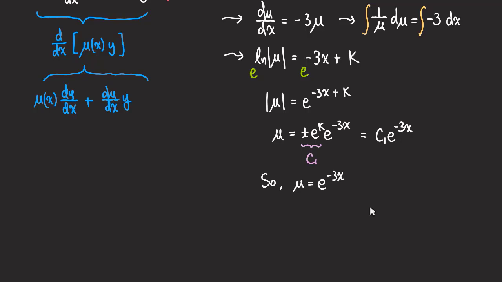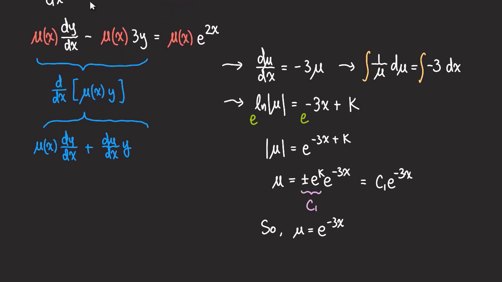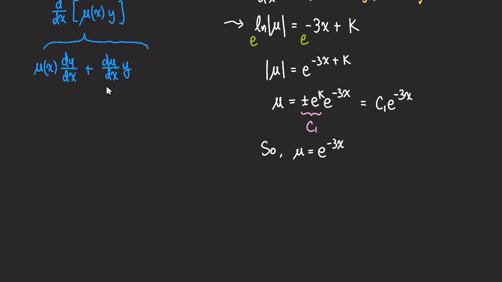Okay, so now, once we figure out the integrating factor, we can go back to our equation right here, but instead of using this expression, we are going to use the derivative of the product. And then the right-hand side of the equation will be this expression. So let's continue. We come back to the original equation. We have the derivative of mu of x times y is equal to, and then what do we have for the right-hand side?